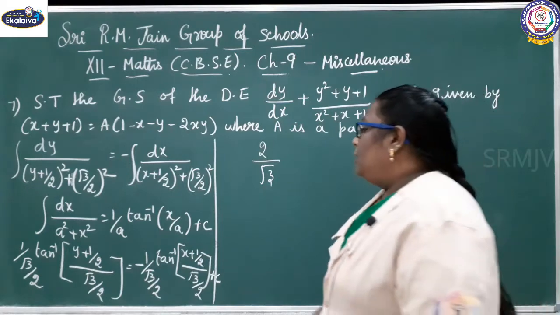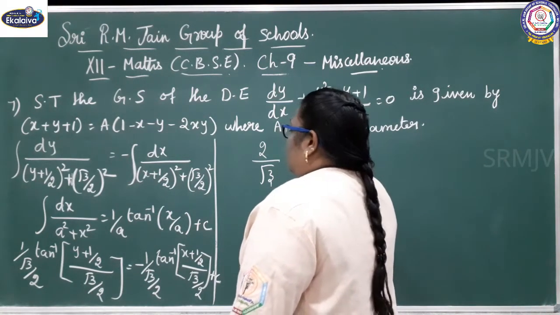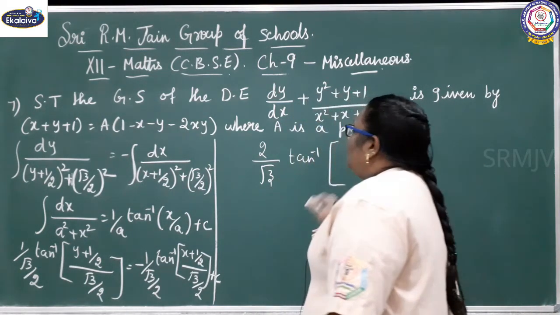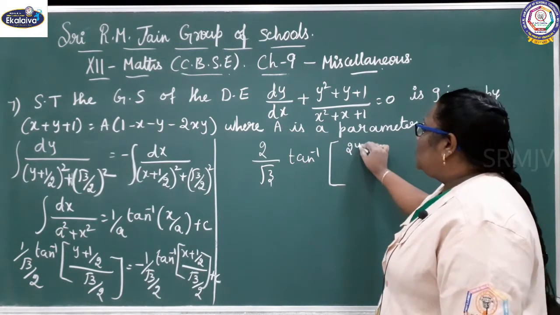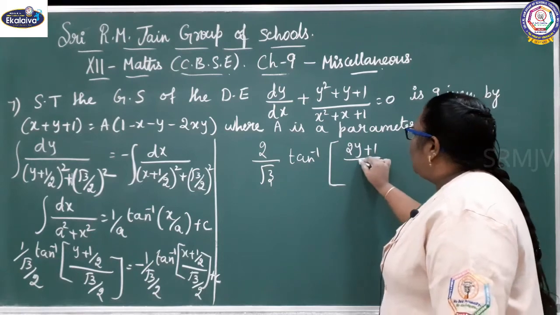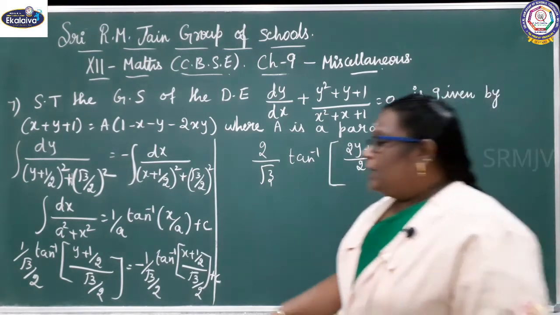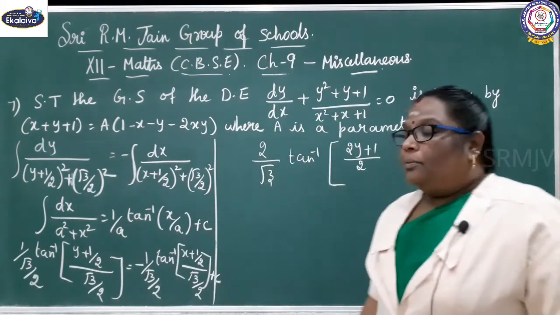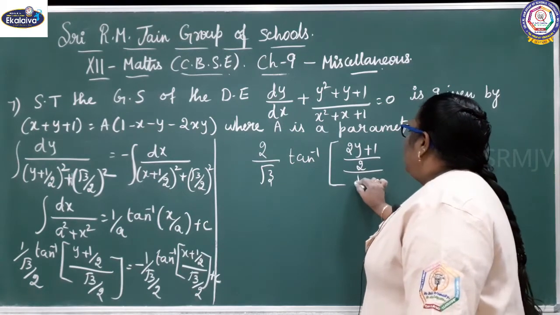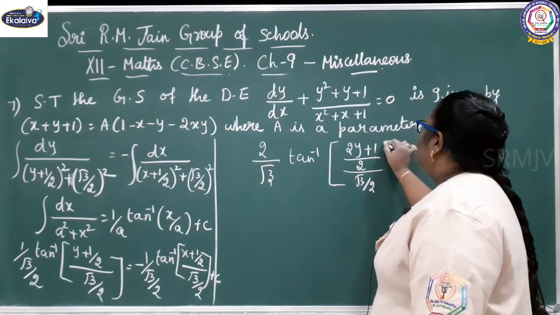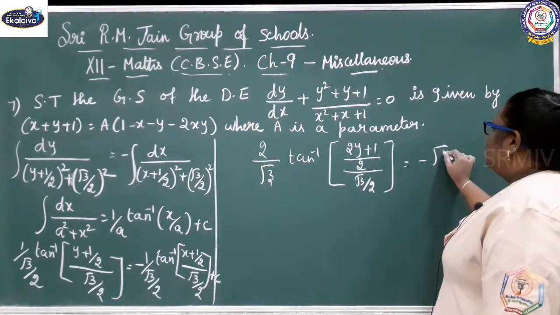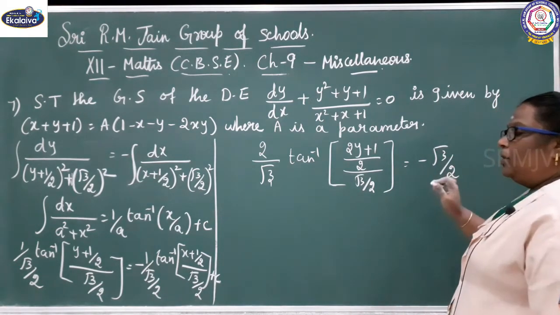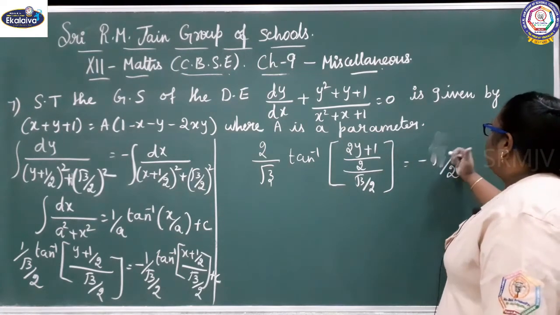2 by root 3 tan inverse of, you can take 2 as the LCM, so 2y plus 2 by root 3 by 2, equal to minus root 3 by 2. Sorry, minus 2 by root 3.